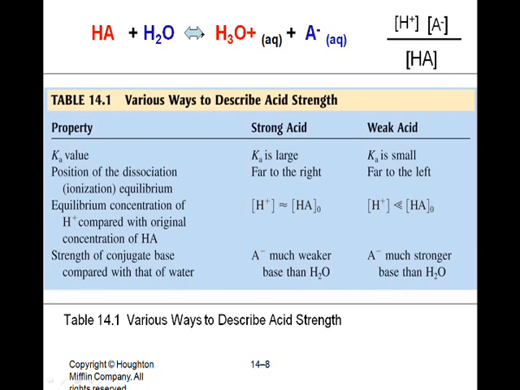This table is from your book, and it's a survey of what you can tell about acid strength from things like the Ka and how that affects the conjugate base of those acids. There's a lot of information, so study and be familiar with everything on this table.